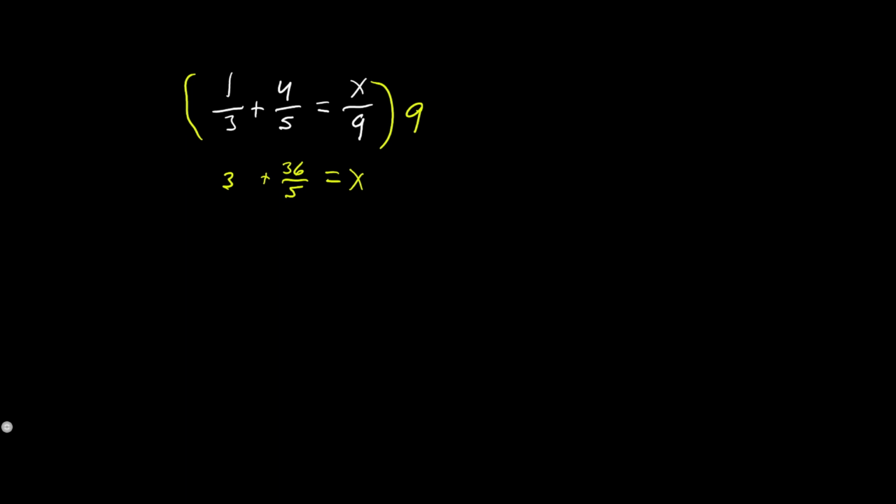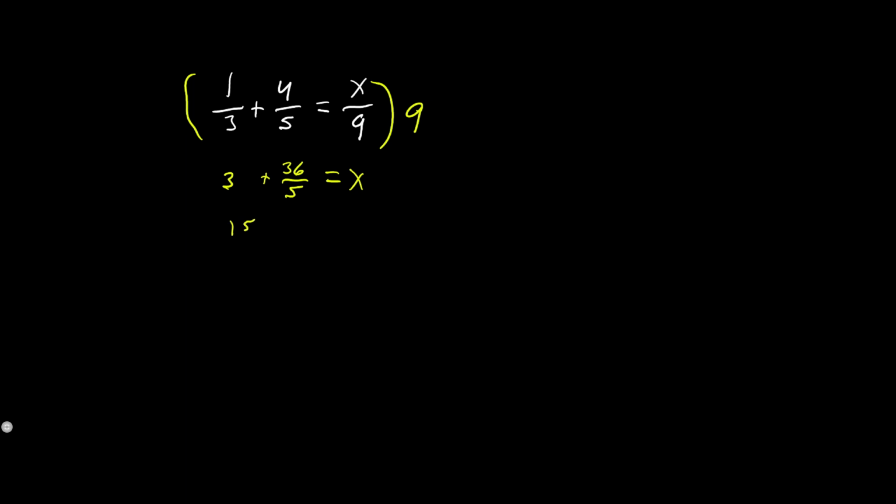So now we can go ahead and just add the two fractions that we have here together so that we get the solution to our equation. So we have to convert 3 to a fraction, and we know 15 divided by 5 is equal to 3.